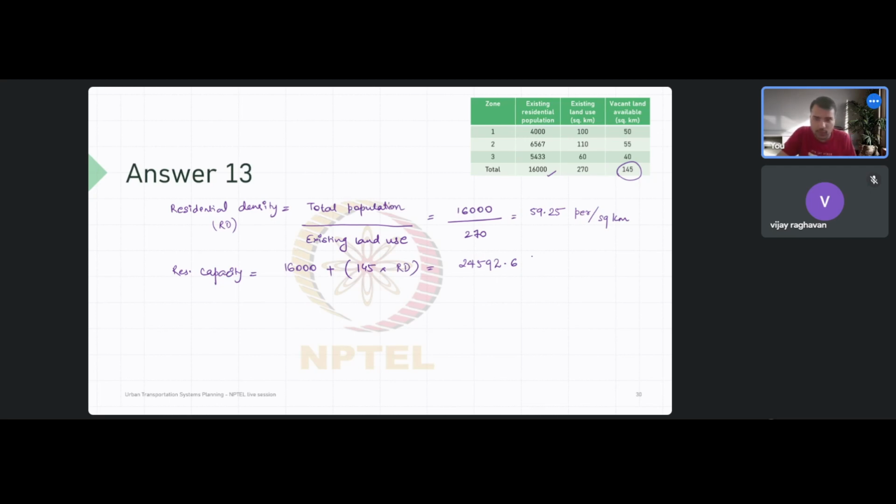That is the capacity. Now we need to find the residential saturation in percentage.